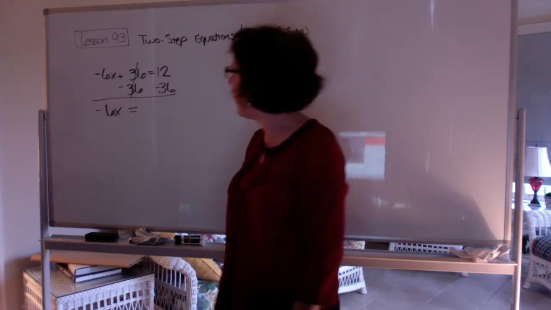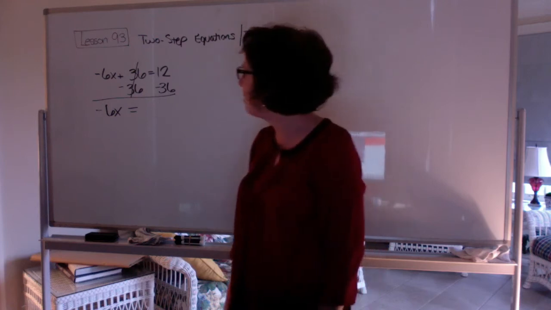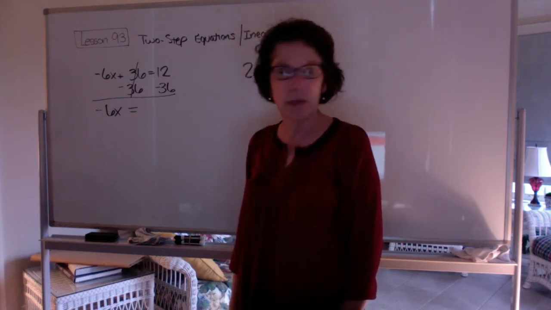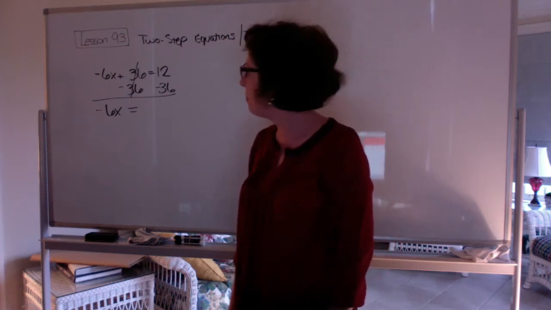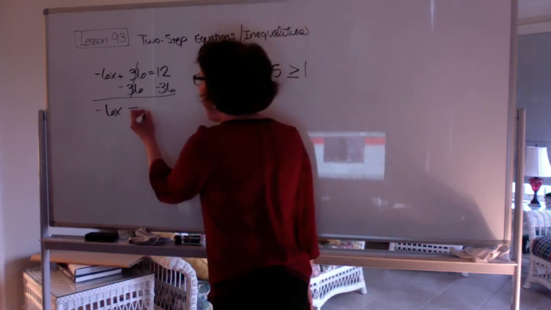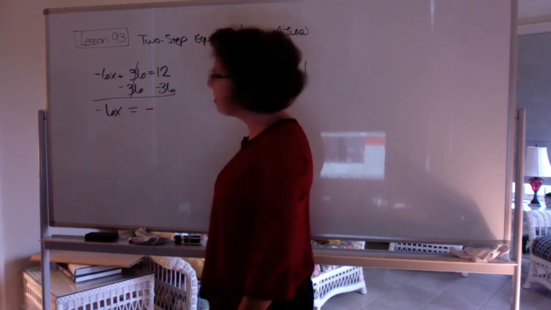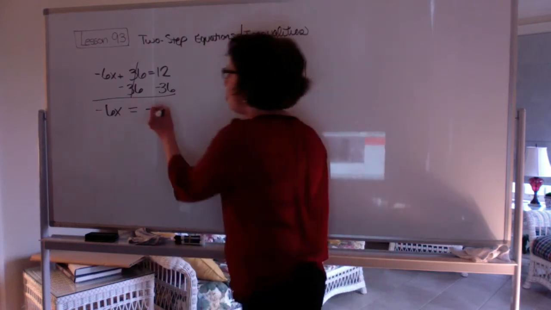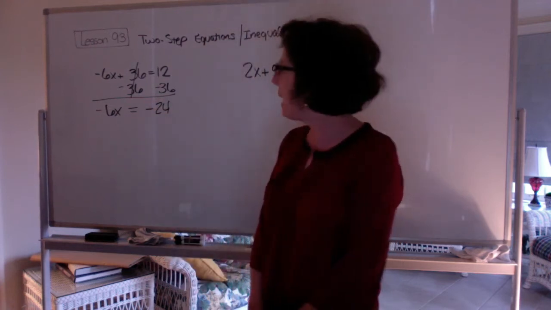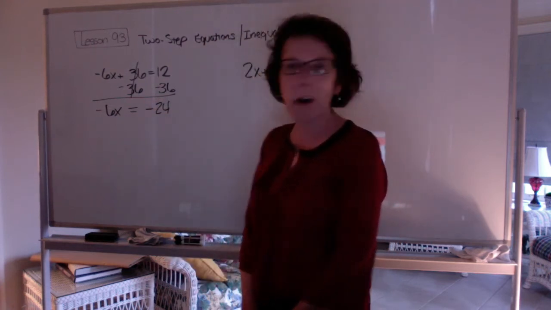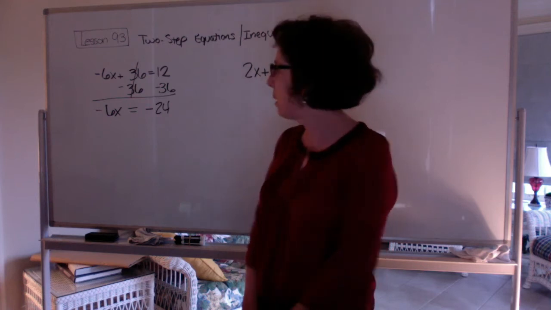Well, 12 minus 36 is the same thing as 12 plus negative 36. My answer is going to be a negative number. So that's going to be negative. And then what is 36 minus 12? It is 24. And so I have 12 minus 36. 12 minus 36 is a negative 24.